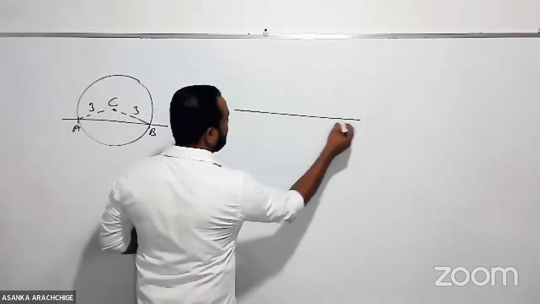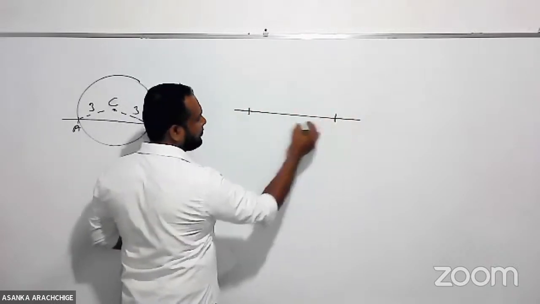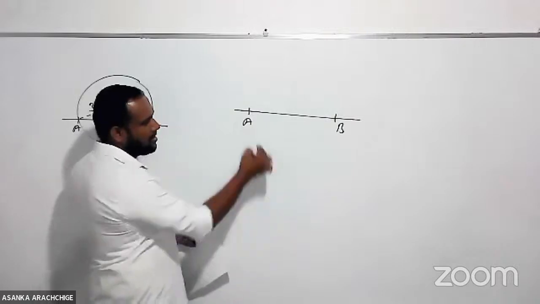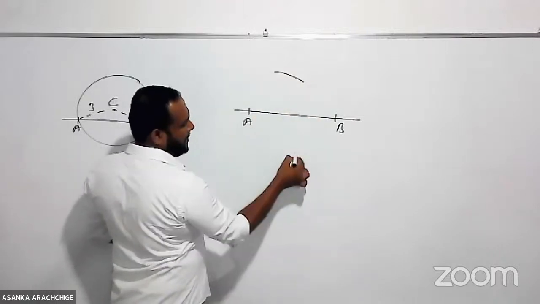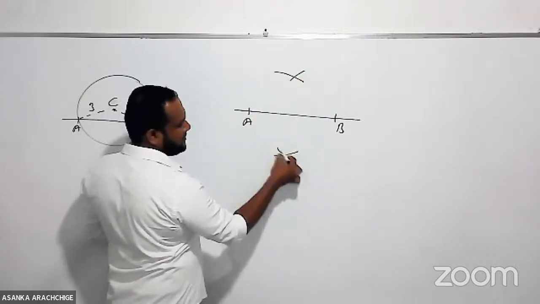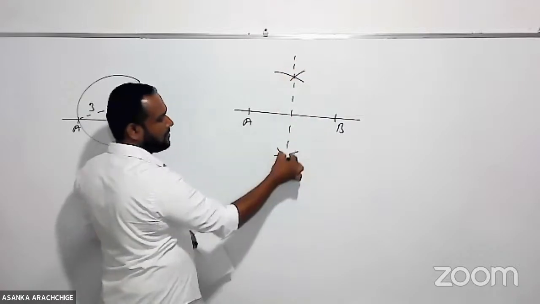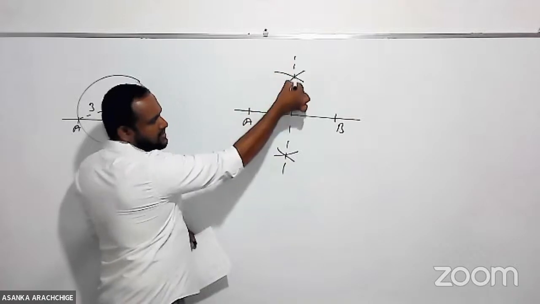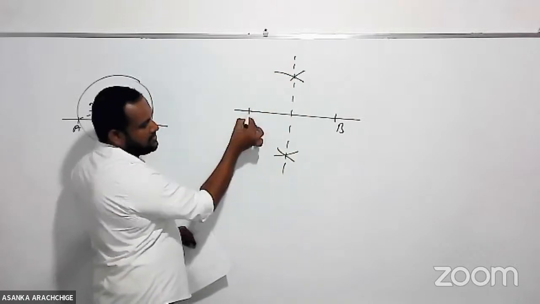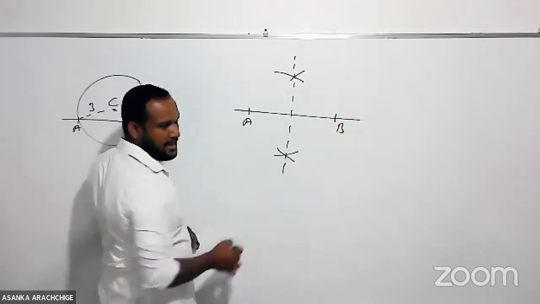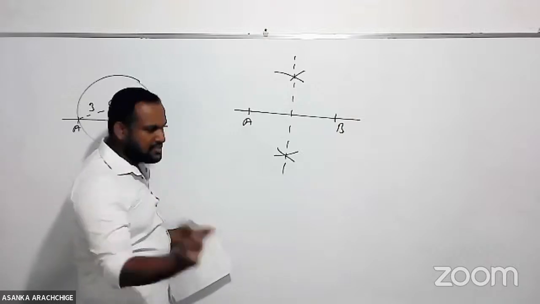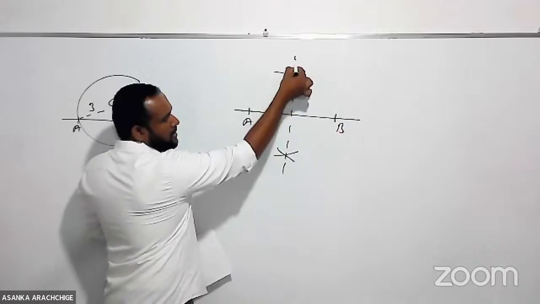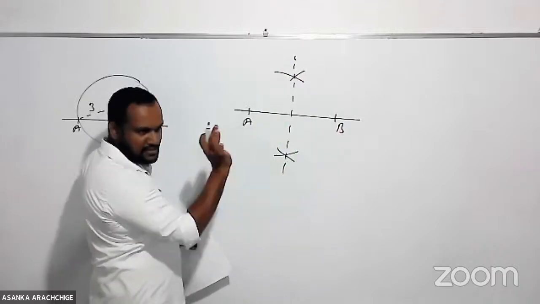First, this is A, this is B. Construct the perpendicular bisector of this line. Now you know this is the locus of the points equidistant from A and B. The distance from A and B to any point on this line is the same.